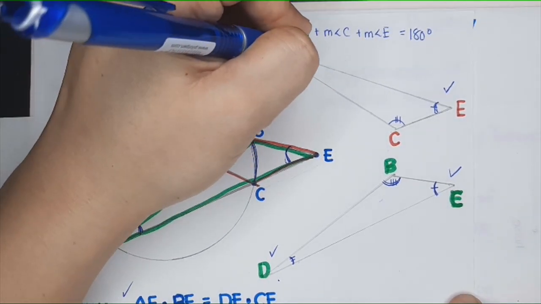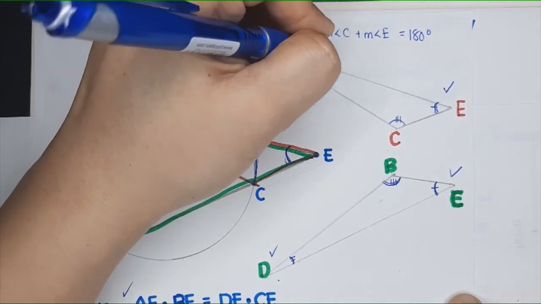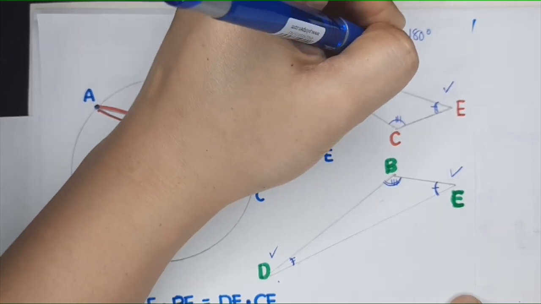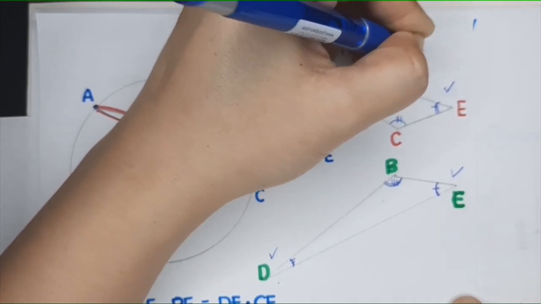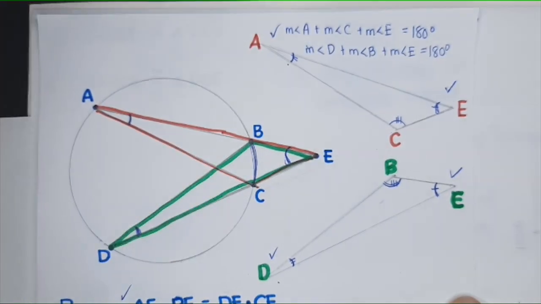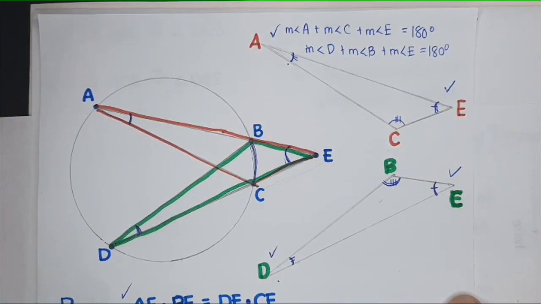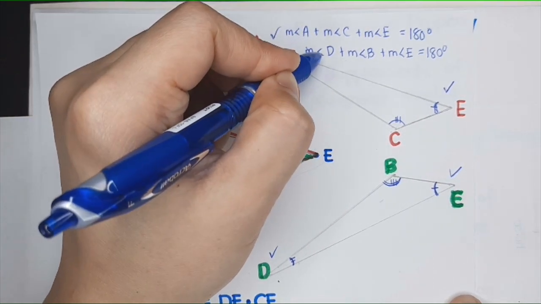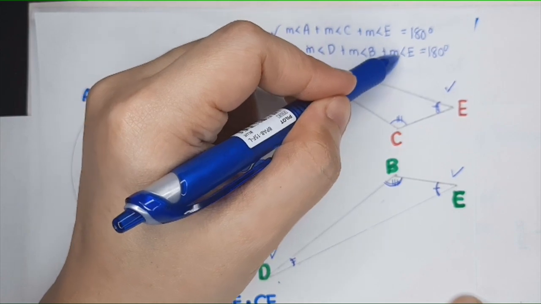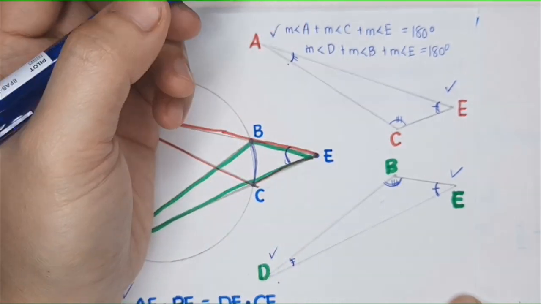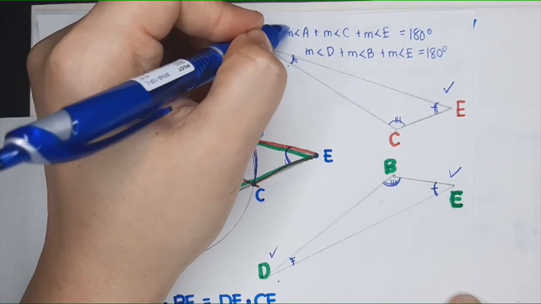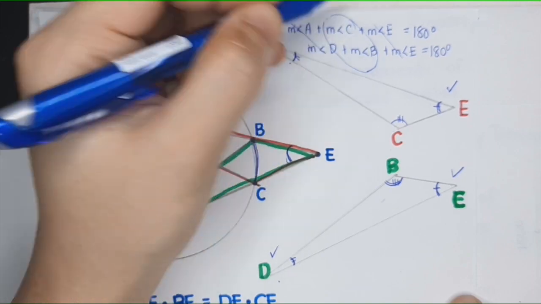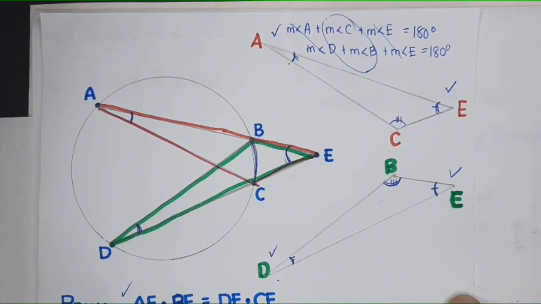Measure of angle D plus measure of angle B plus measure of angle E, it's equal to 180 degrees. Ngayon, tingnan nyo, this one, pareho lang siya dito, right? Tapos ito, pareho lang din siya dito. Okay? So, actually, kung pareho to, tapos pareho to, malamang these two angles measure the same.